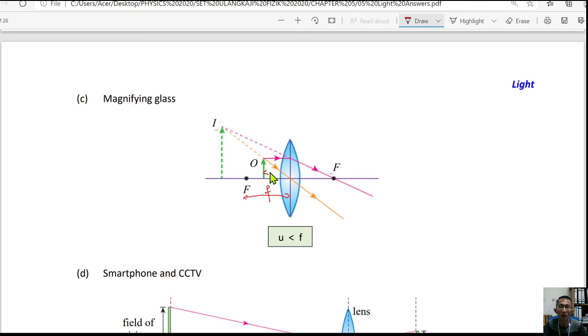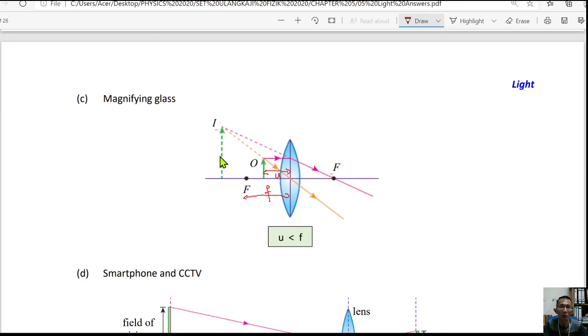From this object to my lens, that is my object distance. So my u must be less than f. Then you will get a magnified image, and this image is virtual.